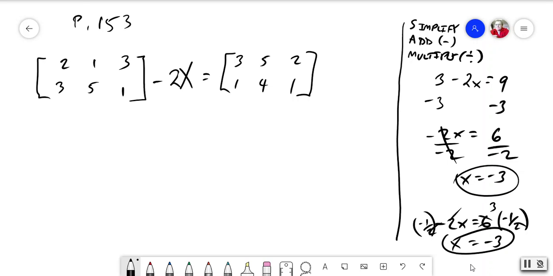Well, this mess over on the left is the same as the right, only with matrices. So just like here, I had to get rid of the 3 first. I have to get rid of that whole matrix.